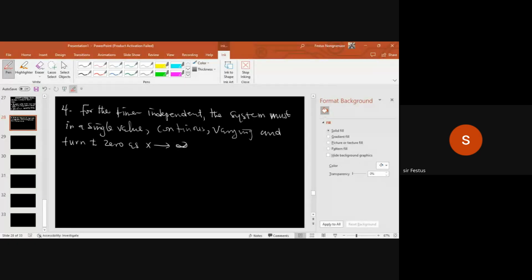The energy must be discrete, so at a single value. Then it must be continuous, and the energy will be zero when the position is approaching infinity. Then the last one talks about the normalization condition, where the probability of finding the particle along the chosen one dimension is 1. So that's the fifth one.